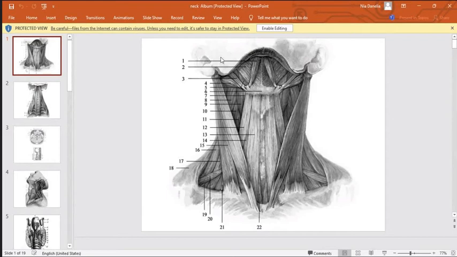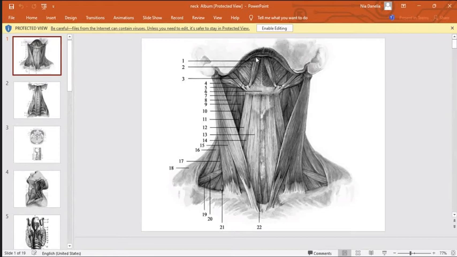The deep layer of the proper fascia is not present here, endocervical fascia is not present here, and also prevertebral fascia we don't have here. So when we talk about fascias, in the suprahyoid region we have only two fascias. These are the superficial fascia and the superficial layer of the proper fascia.